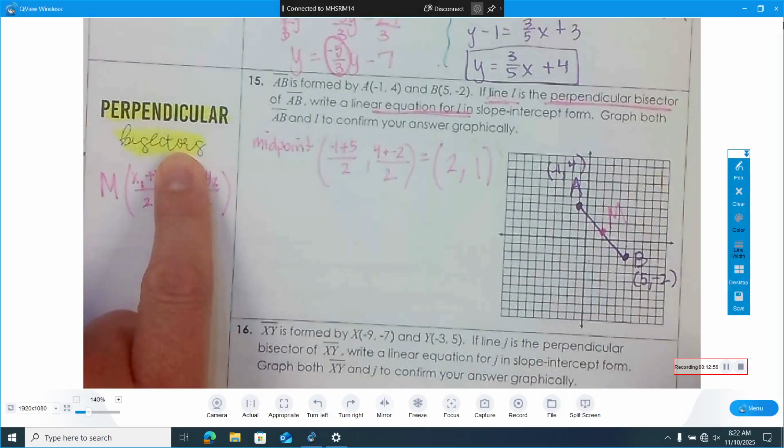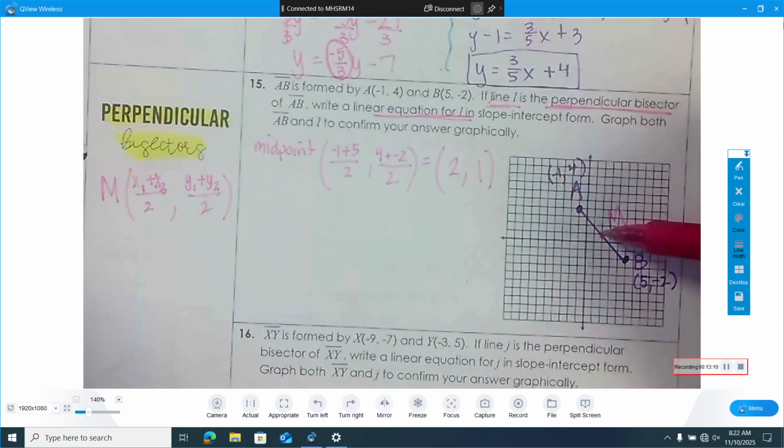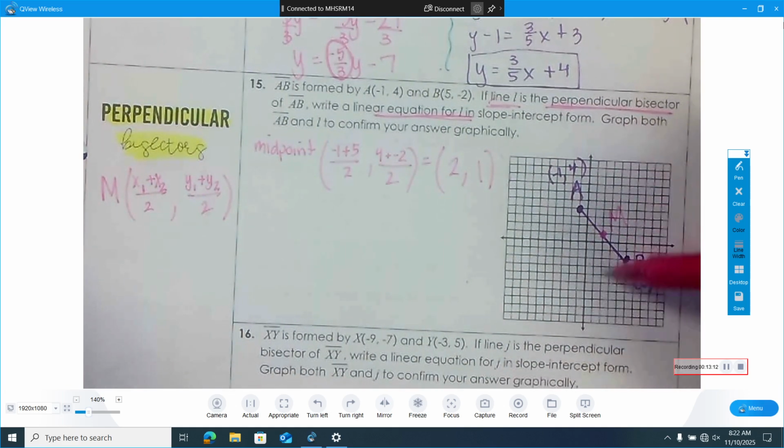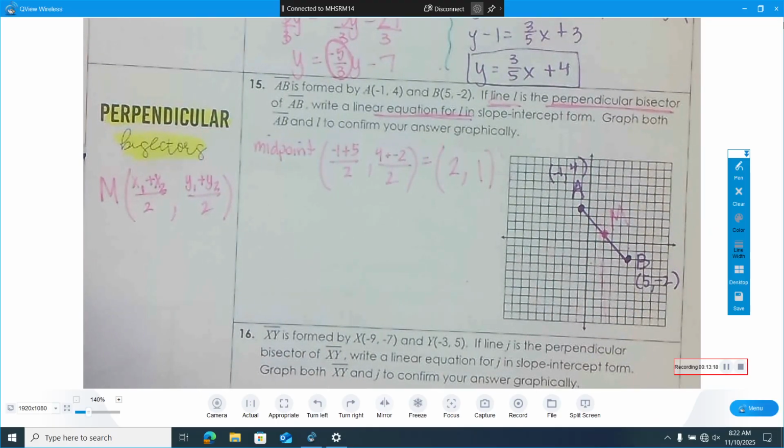And now, ladies and gentlemen, how do I deal with getting my line to be perpendicular? Well, I did draw a line through M. There we go. Is that perpendicular? I don't know, is touching close?